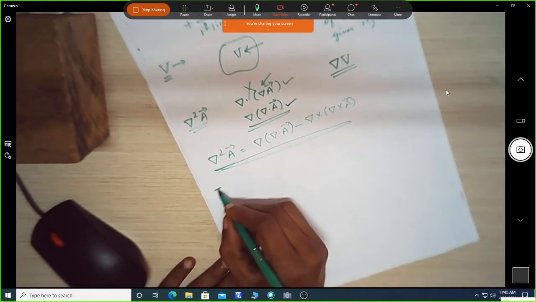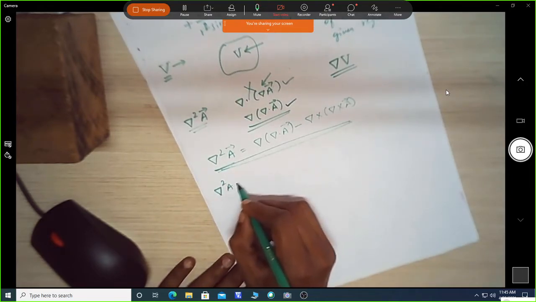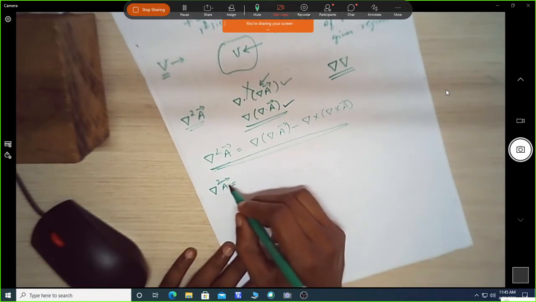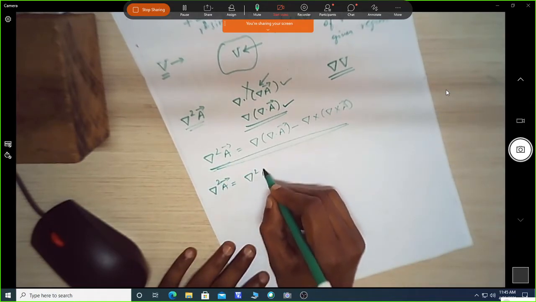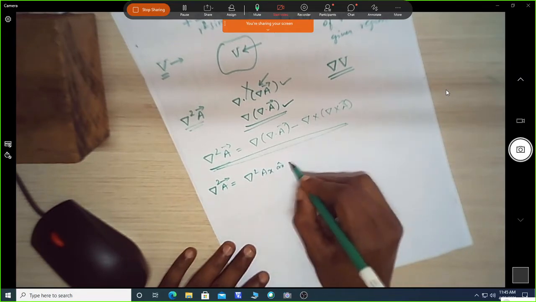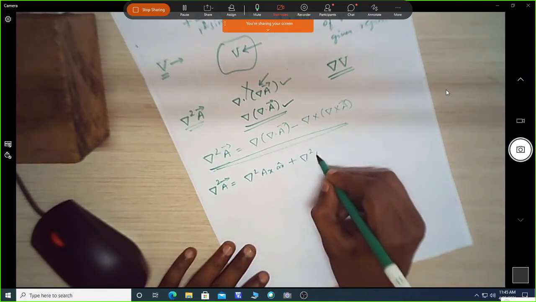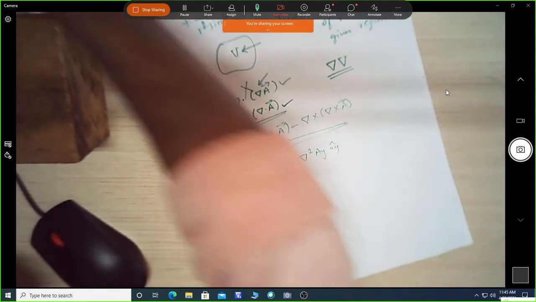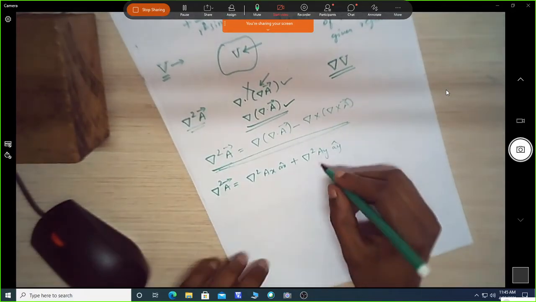Any doubt? In Cartesian coordinates, we can define the Laplacian of vector A as del square Ax in the direction of ax, plus del square Ay in the ay direction, and del square Az in the az direction.